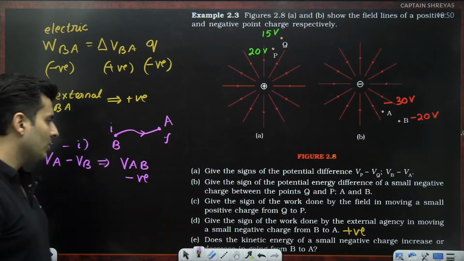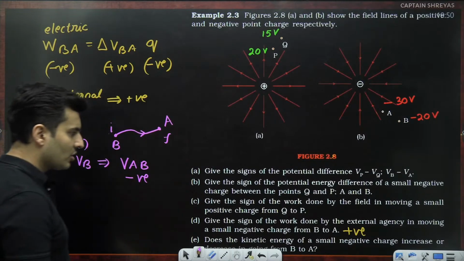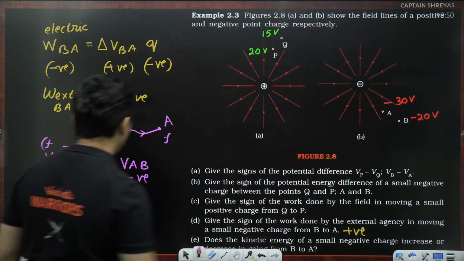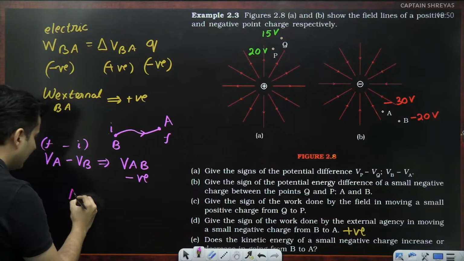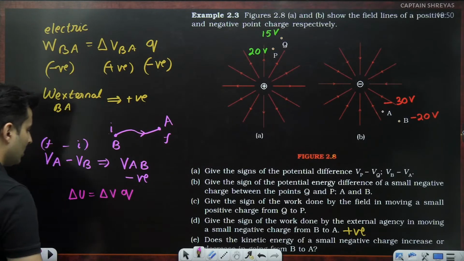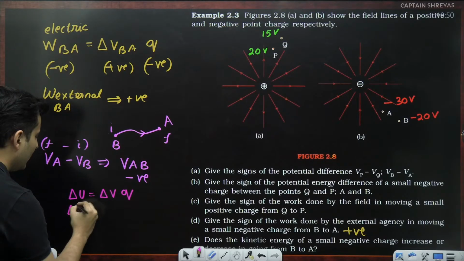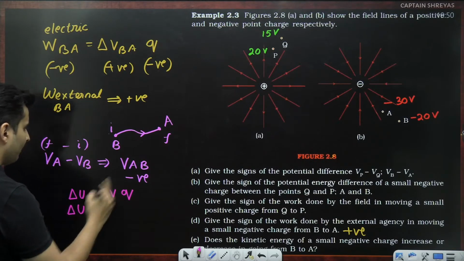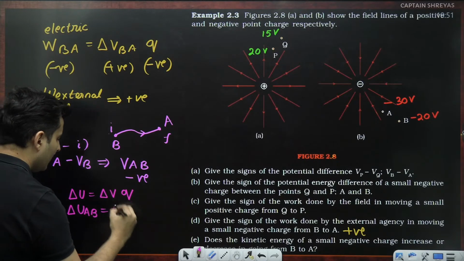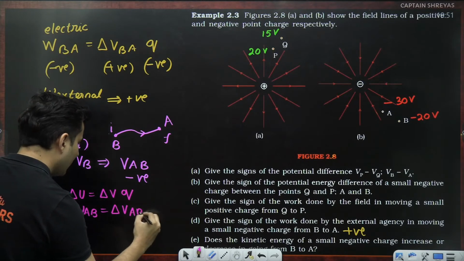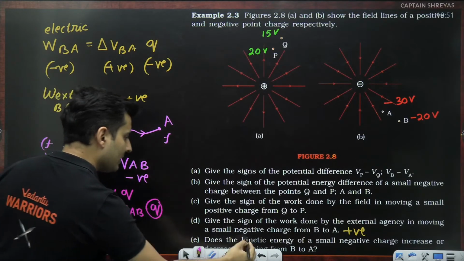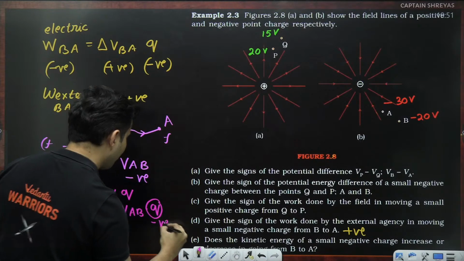And I am taking a negative charge. So what happens to the kinetic energy, they have asked. One thing I know is that delta U is delta V into the charge. So delta U, in taking it from B to A, is delta VAB multiplied by the charge. Remember, our charge is clearly mentioned to be negative.